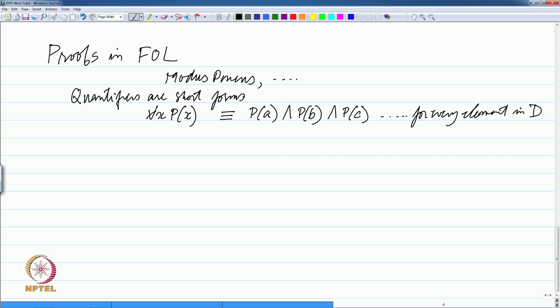Which is true of formulas in general. It does not have to be arity 1, it could be P(x, y) and things like that. So, the universal quantifier is essentially a short form for making a statement which is true about every element of the domain.